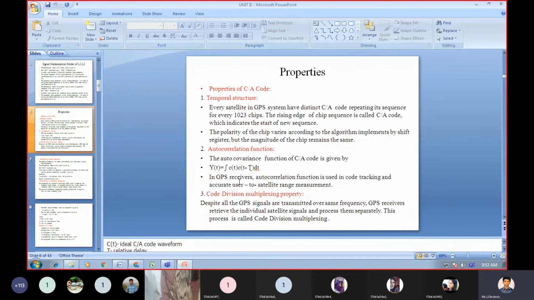In GPS receivers, the autocorrelation function is used in code tracking and for accurate user to satellite range measurements.